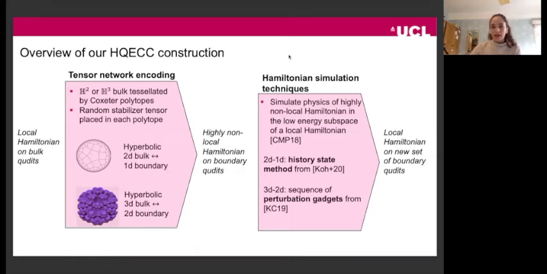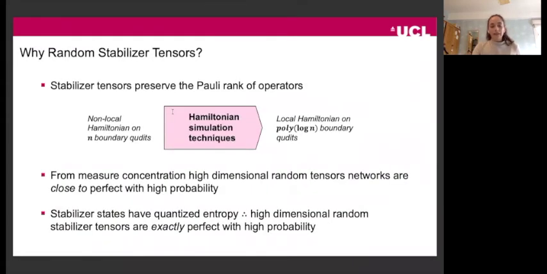construction. So now to go into some more details to give some insight into why it wasn't immediately obvious that we could just swap the perfect tensors for random stabilizer tensors and just inherit all of the properties. So firstly, why did we have to go through the effort of choosing random stabilizer tensors?